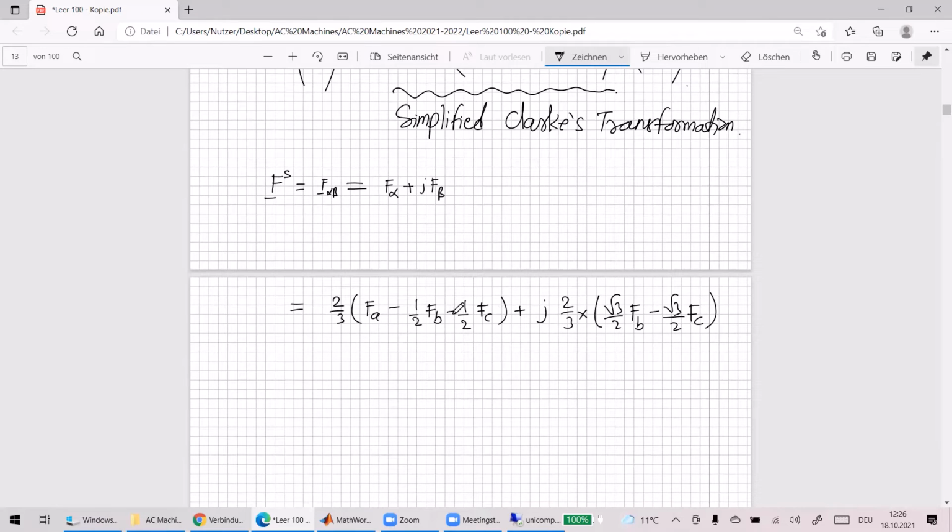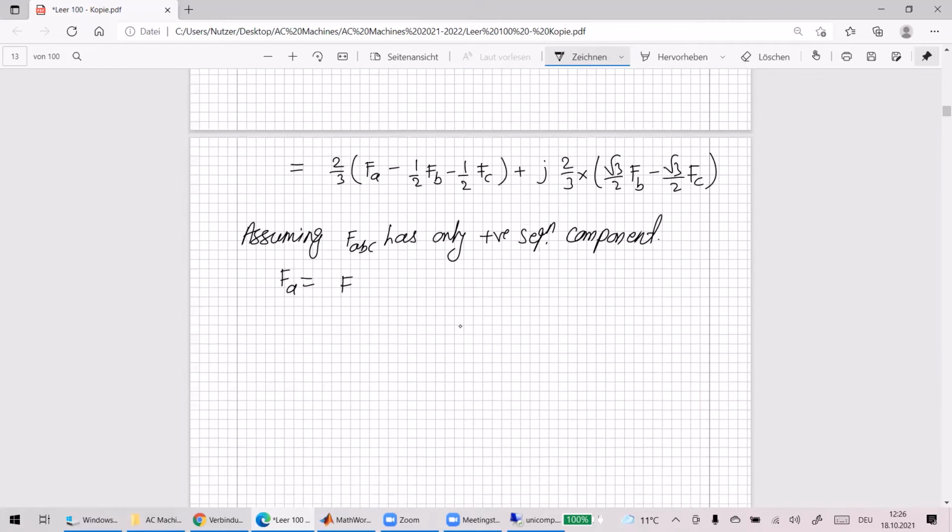let's assume we have only positive sequence in the system. So assuming FABC has only positive sequence component, it means we can write FA as some magnitude.